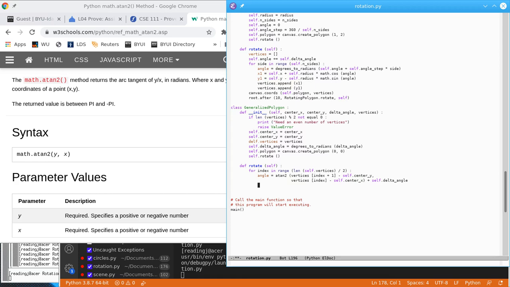And then we can say vertices, oh, I need a radius also. So we'll take this off for right now. Radius equals math.square root.